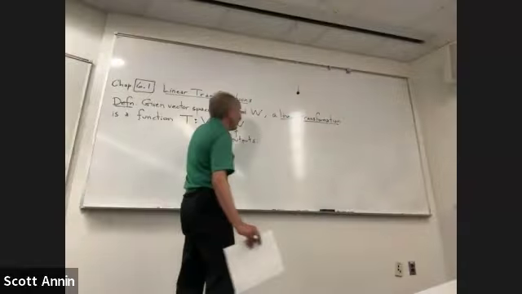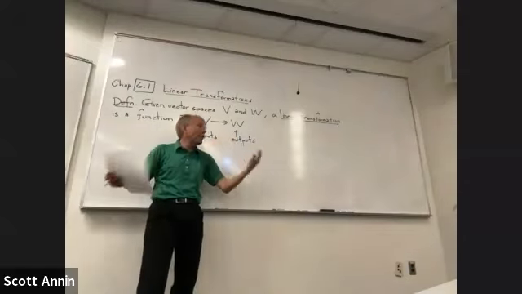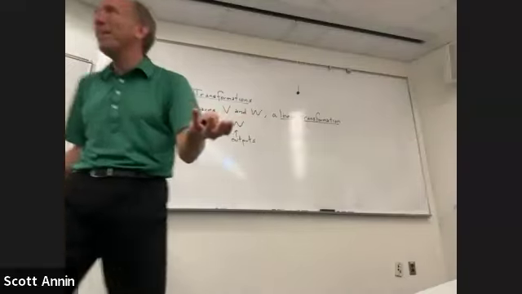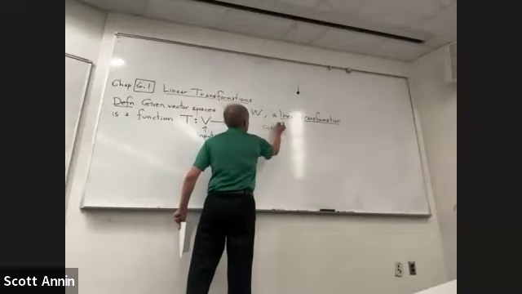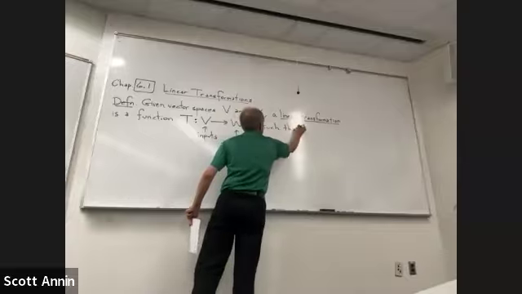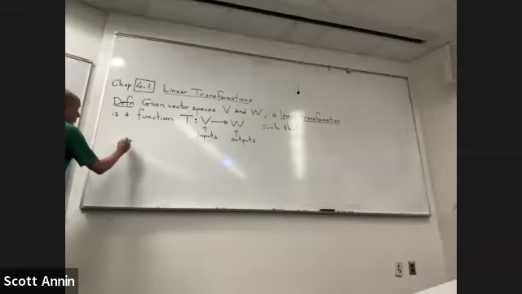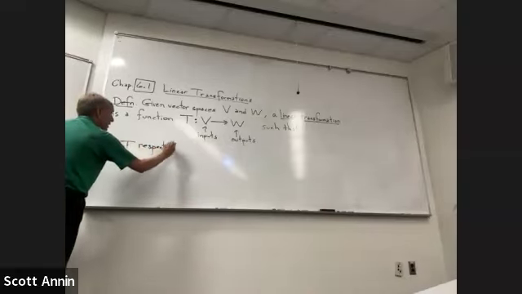So both of these vector spaces have an addition and a scalar multiplication. Those are our two main operations in a vector space. And these linear transformations have to respect that. So let's add a little more text here. This is going to say "such that," and then there's two things. The first one is T respects addition.